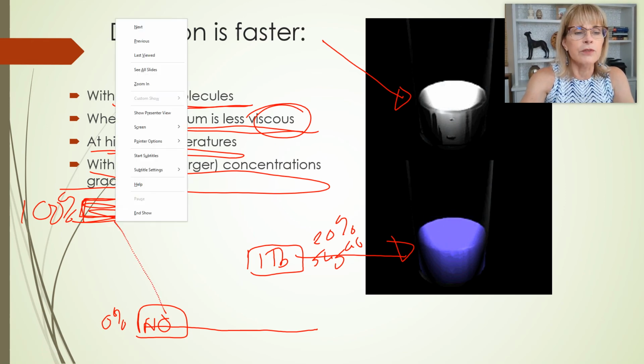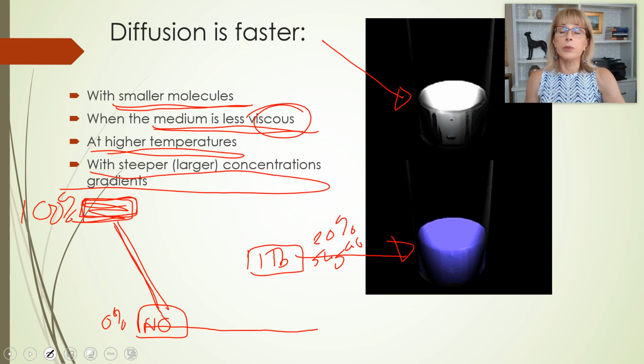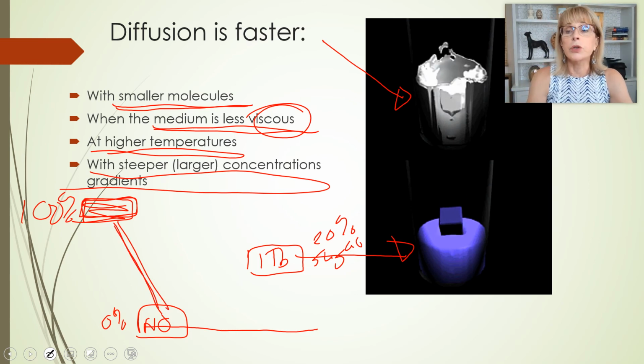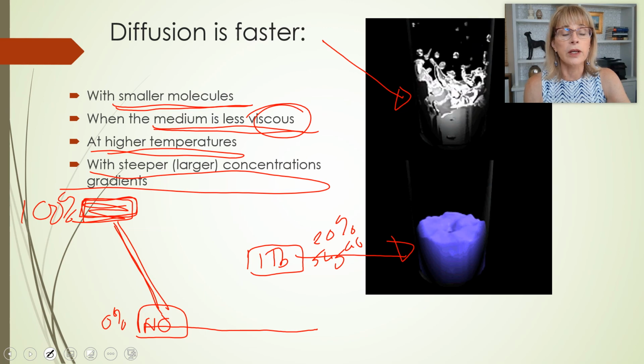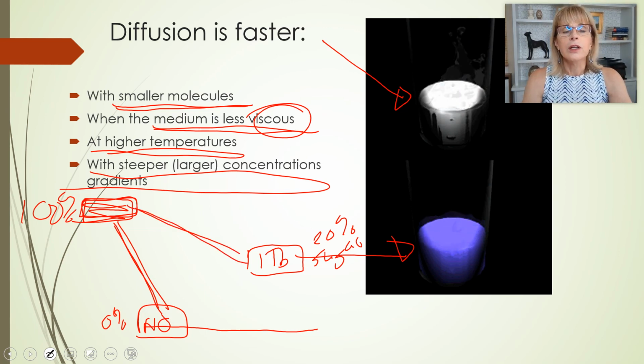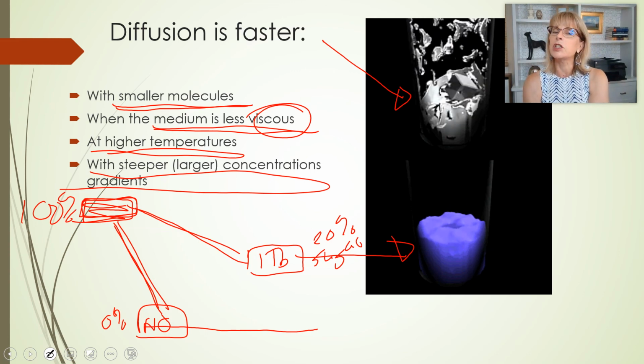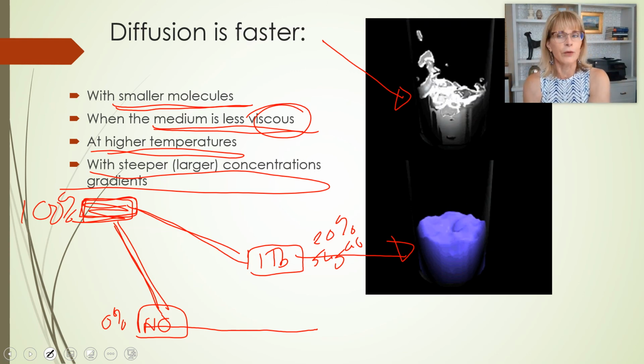The speed of diffusion going from our 100% tablespoon of sugar into tea with no sugar in it would be very fast. Getting a tablespoon of sugar to diffuse into tea that already has a tablespoon of sugar in it would be slower. And by the way, if you've ever tried to do that, you would actually know that.